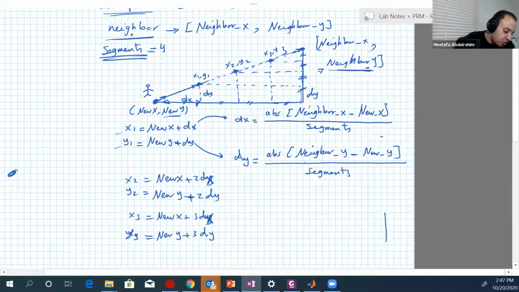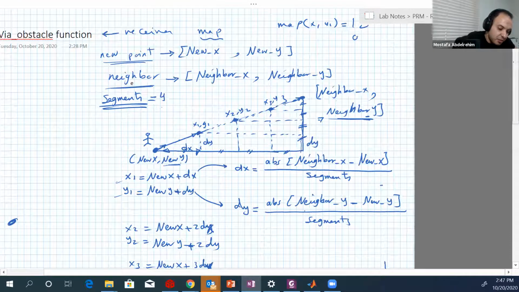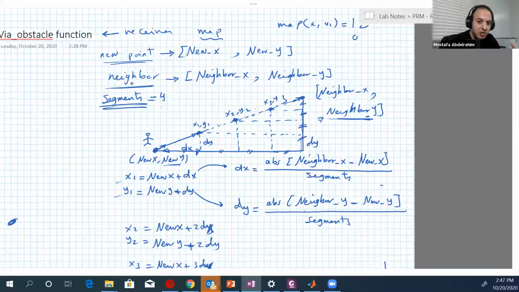Okay, once you know the coordinates of these points, you can check using the map array. Okay, remember these points are cells in the map array. They might be 1, they might be 0. If they are 1, then they are part of some obstacle. If they are 0, then of course they are free.